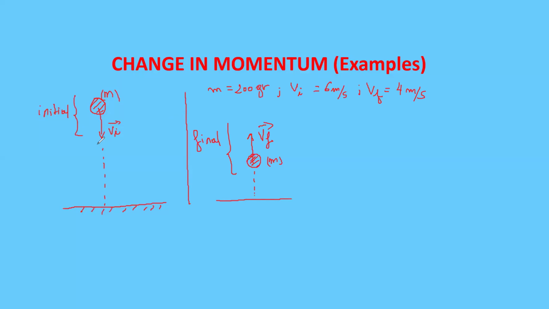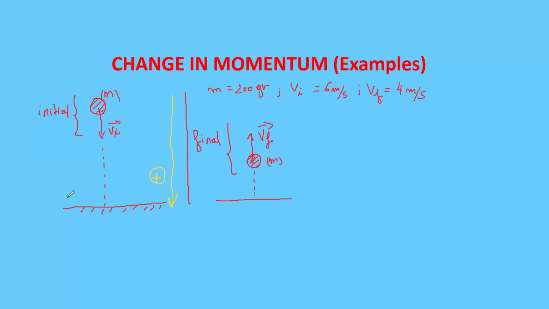I will select a positive direction downwards. This is my positive direction, plus. So the velocity in this direction will be calculated as a positive quantity, and if it's in the opposite direction, the velocity must be negative.